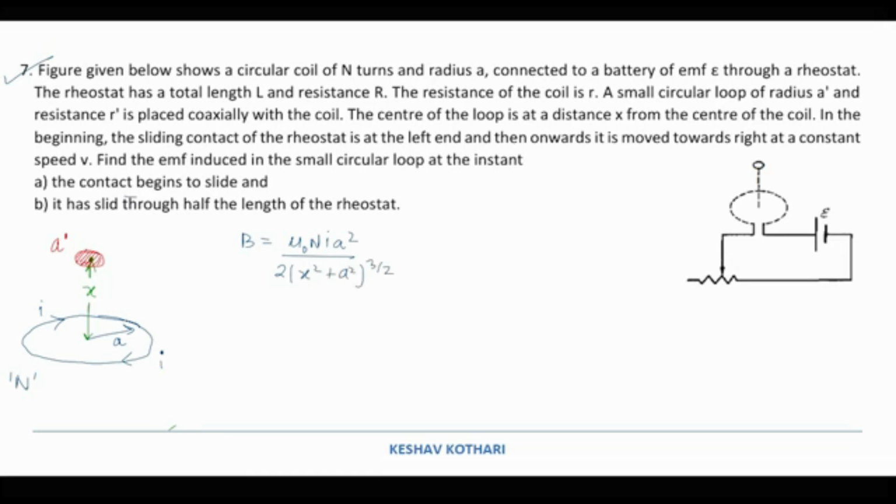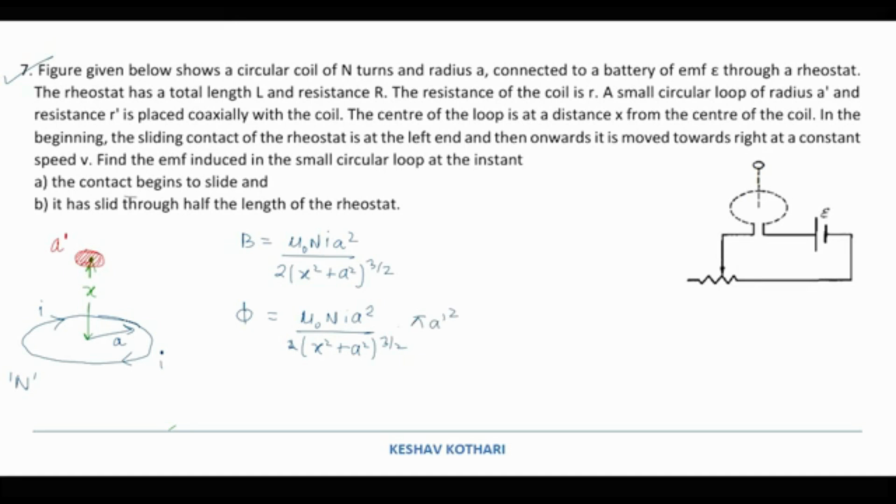So this is the value of magnetic field due to this current carrying circular coil at a distance x, and hence the flux through the small coil can be written as mu naught N i a square upon twice of x square plus a square to the power 3 by 2 times pi a dash square.